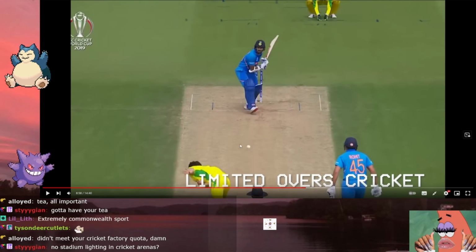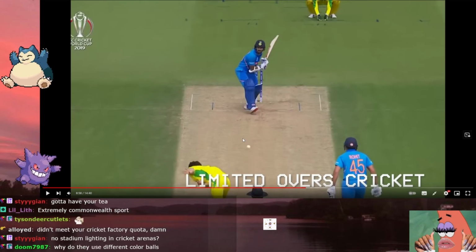This is much easier to see under stadium lights than a red ball, which will get lost in shadows. There are now occasionally day-night tests where they will use what's called a pink ball. But it's not very common. Usually it's still just daytime.